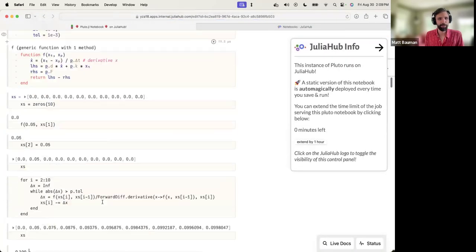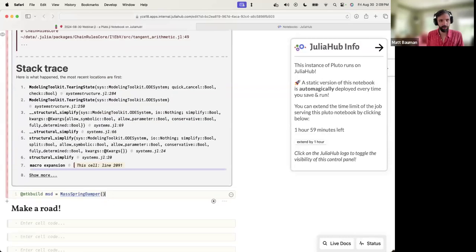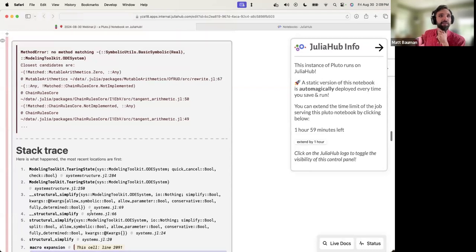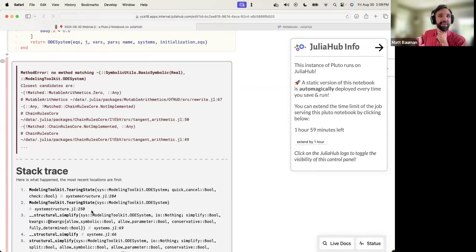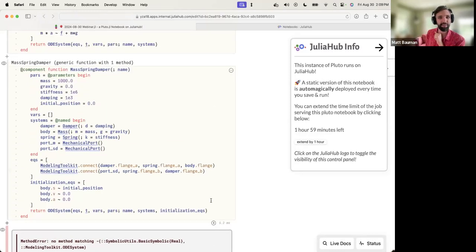Try to get back to it here. Okay, great. So we have our MTK build. And yeah, this is the challenge with doing this in a live system here. So let's see if I can figure out what I missed. And I think that all looks right.